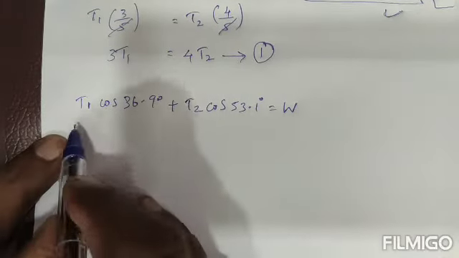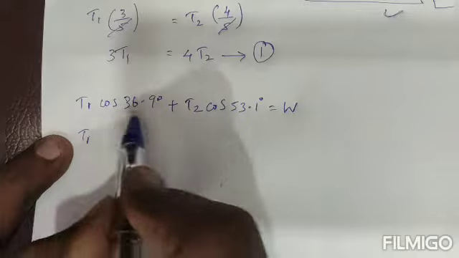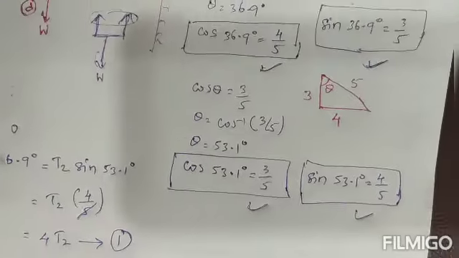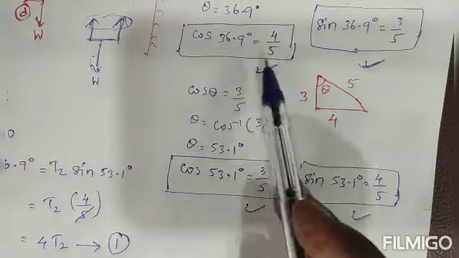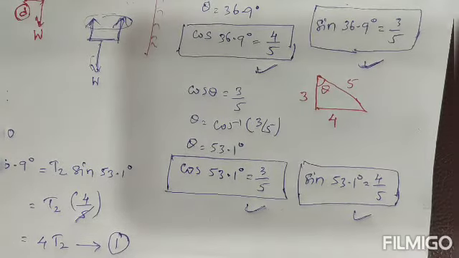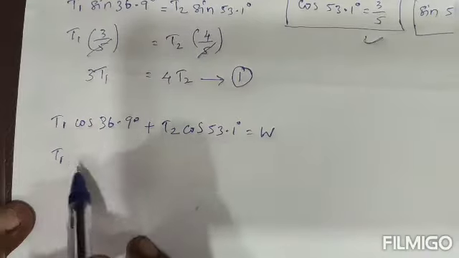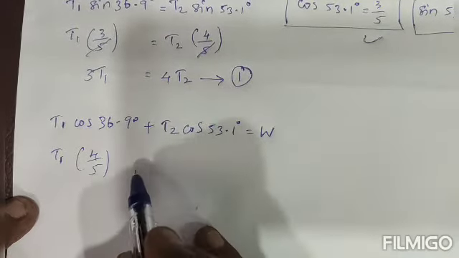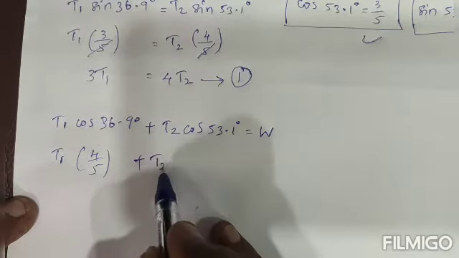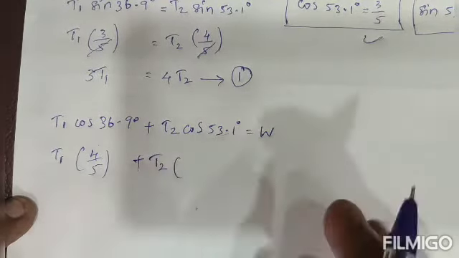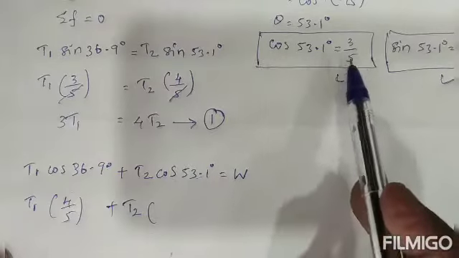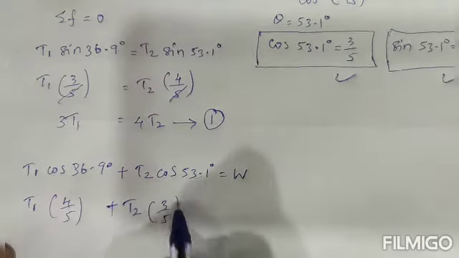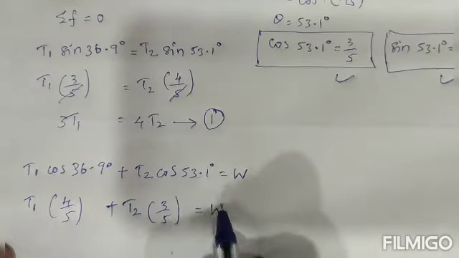Now as usual we can replace T1 cos 36.9. Cos 36.9 is 4 by 5. So I can write here 4 by 5, then plus T2 into cos 53.1. Cos 53.1 already you know, that is 3 by 5, equal to W.